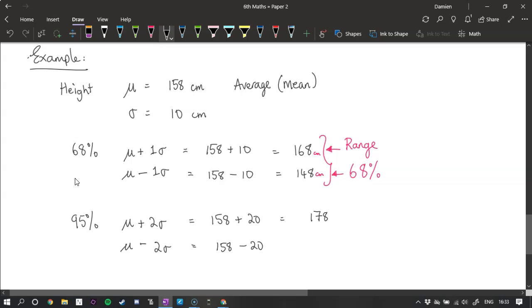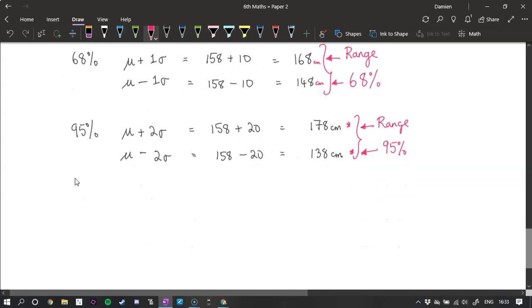We're now up to 178 centimeters, which is very tall. We've got 138 centimeters. So this here again is the range, and this covers 95% of the population. And this makes sense. Because we've increased the range, we have much taller people here and much smaller people here. Therefore, we're now covering 95% of the school.